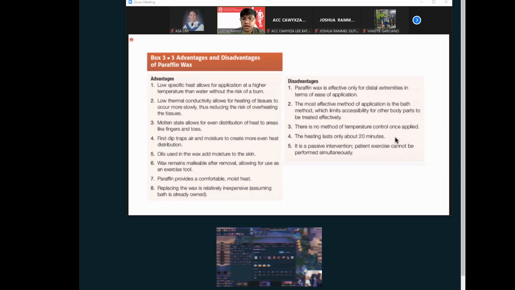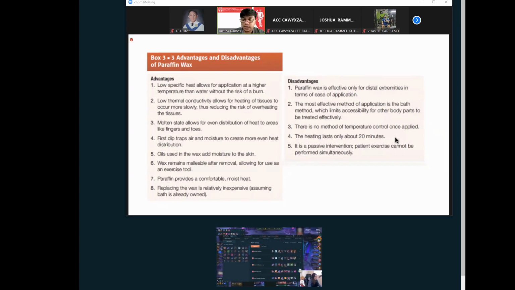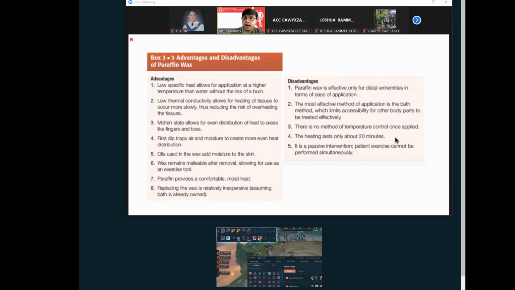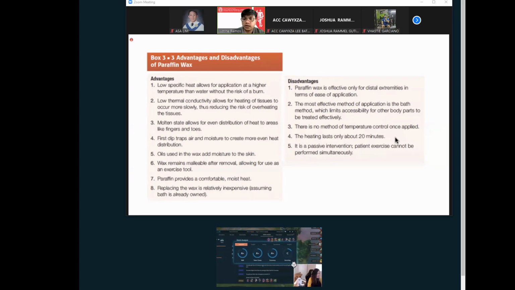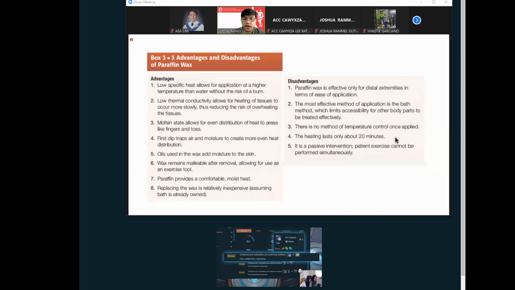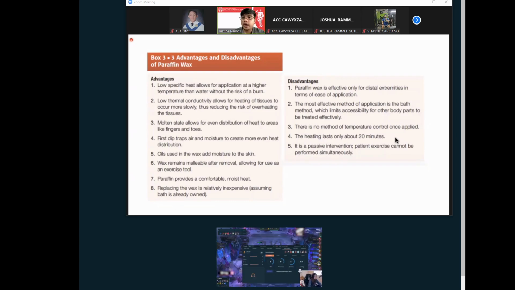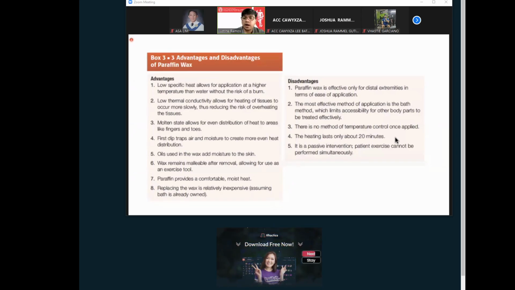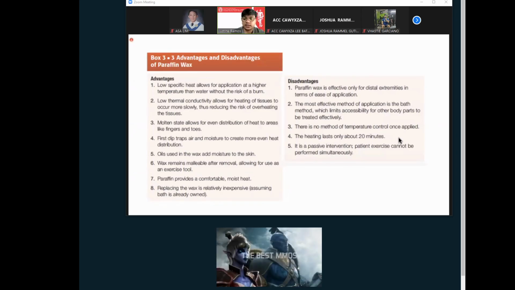The patient exercises cannot be performed simultaneously. Again, these modalities, whether it's superficial or deep modalities, are all under adjunct modalities. They are not developed for the purpose of being a standalone approach, but rather this is just to augment your treatment, because at the end, the patient would still spend the time doing active procedure and exercises.